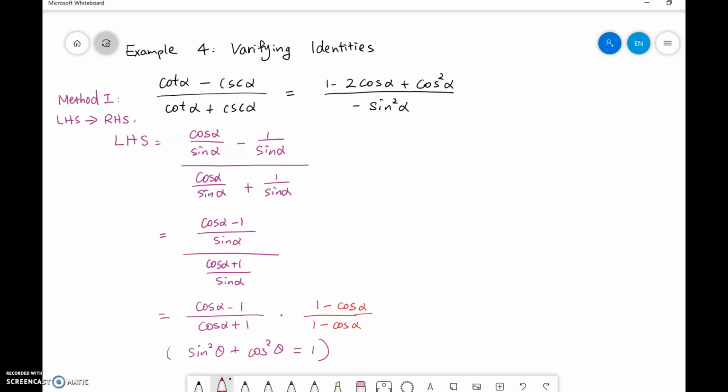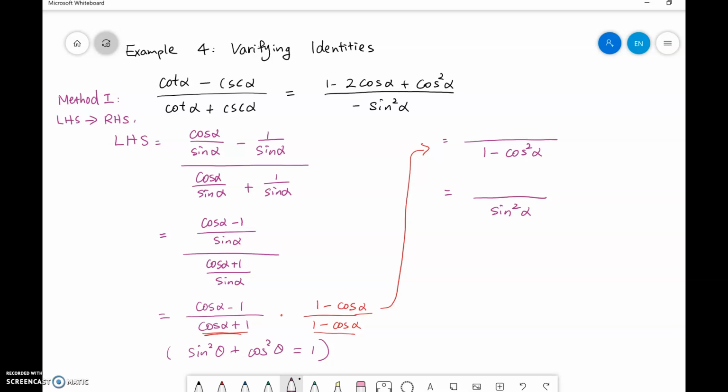When I multiply cosine alpha plus 1 and 1 minus cosine alpha, what I'm going to have on the denominator is 1 minus cosine squared alpha, which can be reduced to sine squared alpha.